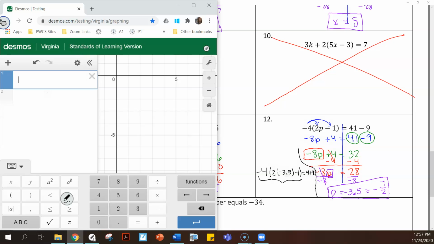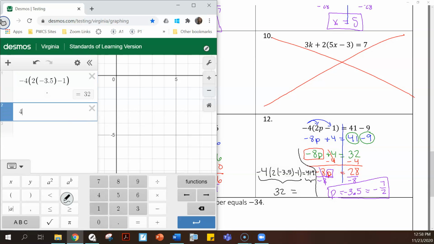Negative 4, parentheses 2, parentheses 3.5, negative 3.5. Close it, minus 1. That equals 32. And then my other side, 41 minus 9, also equals 32. So this is correct.